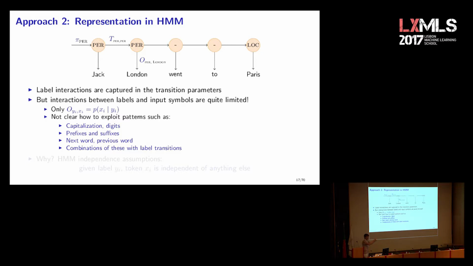We'd like to go to a finer level, to capture capitalization, digits, prefixes and suffixes, which can give you lots of information. Even the next word and previous word, I don't have parameters that look at this directly. The HMM can do inferences like that, but it's not clear that I can reinforce this connection by the fact that I have a verb here. So it's not clear how to capture these things. And why is this?